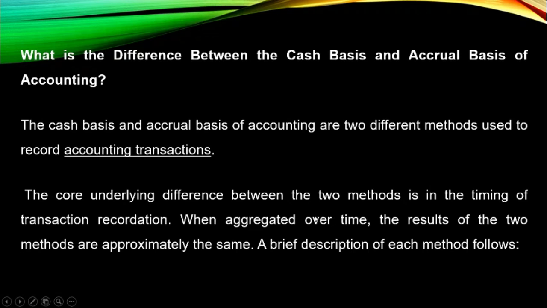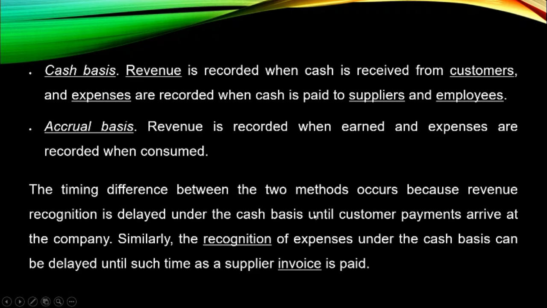A brief description of each method follows. Under cash-based, revenue is recorded when cash is received from customers. Under accrual-based, revenue is recorded when earned. Timing differences occur when revenue is delayed under the cash basis until customer payments arrive at the company. Similarly, recognition of expenses under the cash basis can be delayed until such time as a supplier invoice is paid.